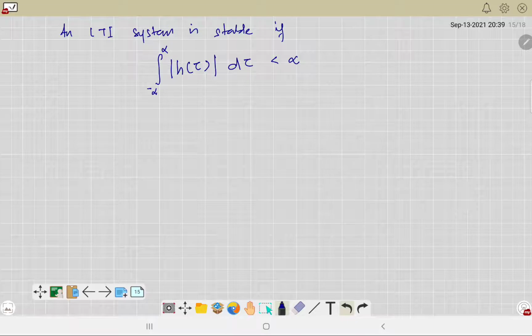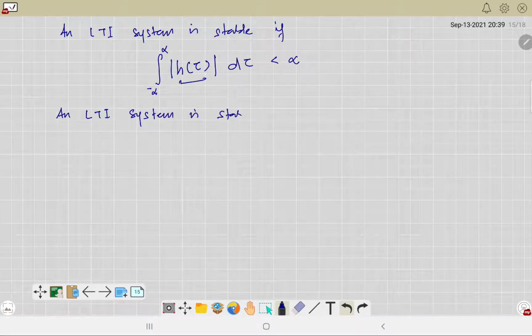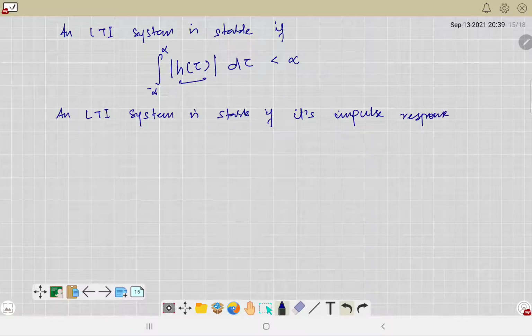Now the integral basically sums up this particular quantity between the limits. So in words, I can put that an LTI system is stable if its impulse response is absolutely integrable.